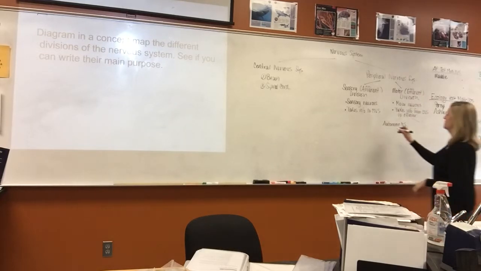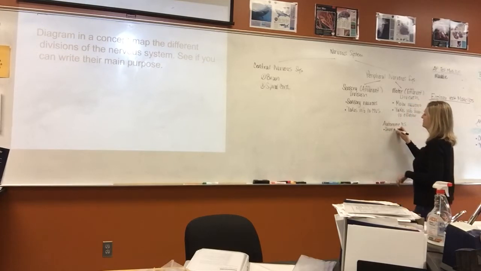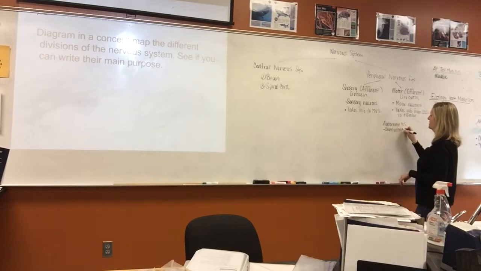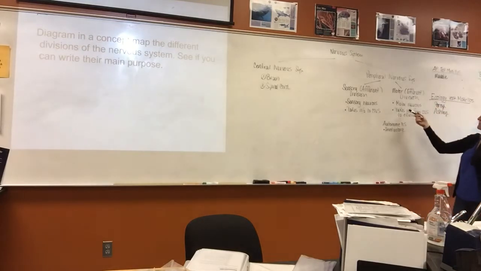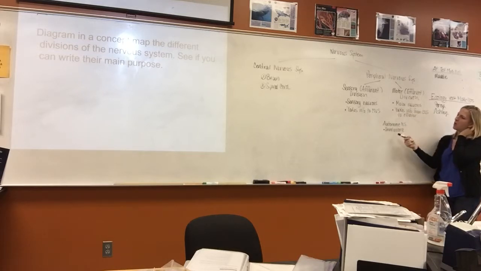And as she said there, that is involuntary. So if it's involuntary, and we just said that the motor division neurons take information from the central nervous system to the effector, what would the neurons that are part of the autonomic nervous system be communicating with? What would be the effectors here?